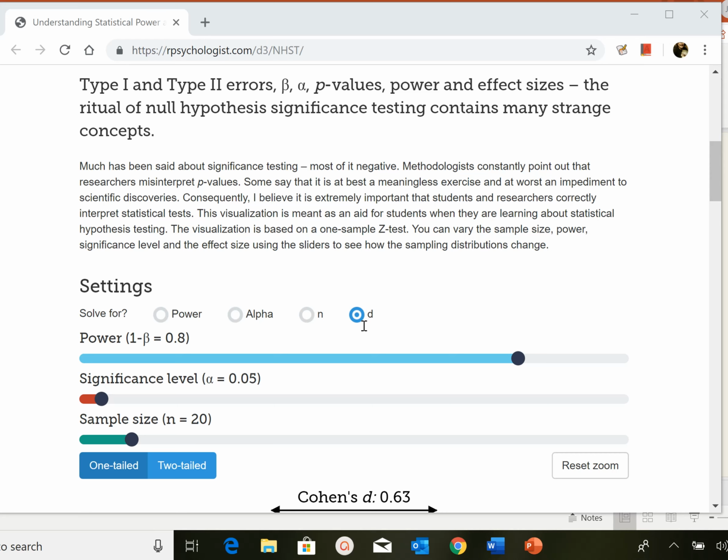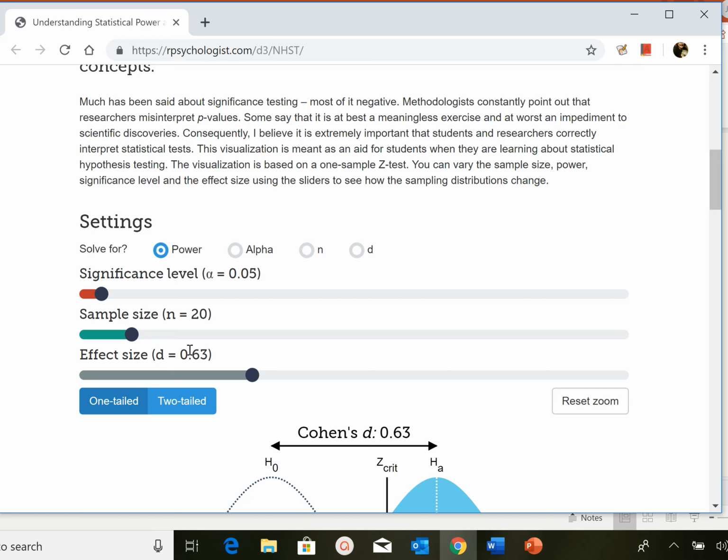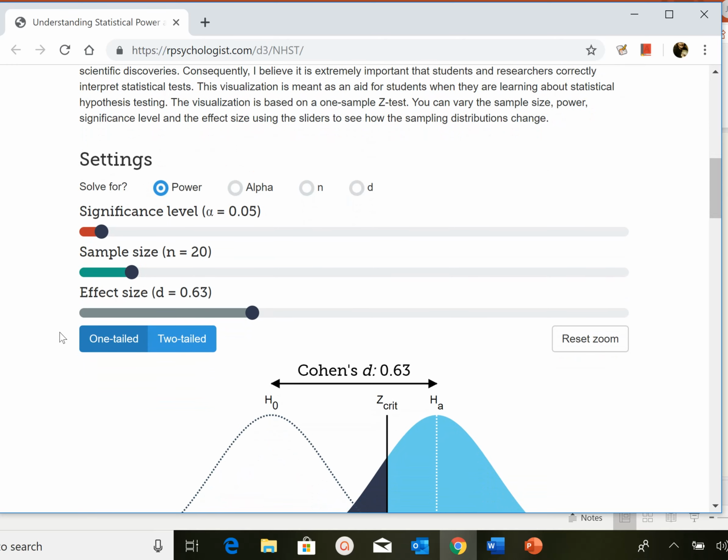I'm going to ask it to calculate for power, and we're going to leave alpha right now at 0.05. We're going to have a sample size of 20 and an effect size. We haven't covered effect size yet in specific terms, but this effect size, Cohen's d, is basically a measure of the difference between means divided by the standard deviation. So it's in standard deviation units, and we'll leave it as a two-tailed test for now.